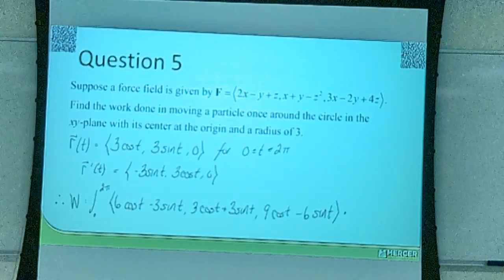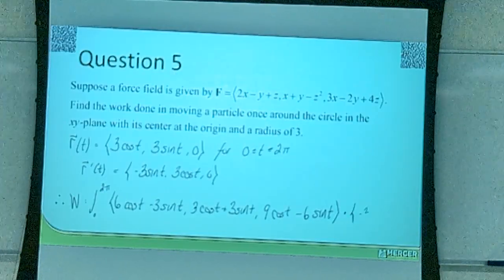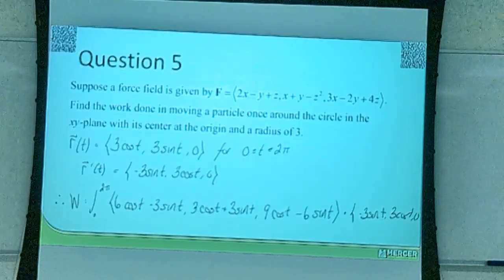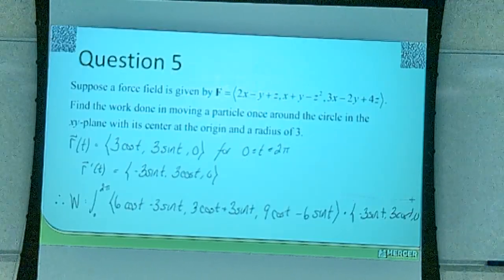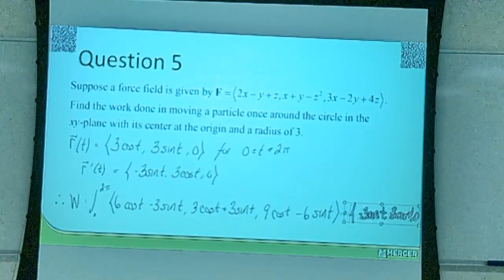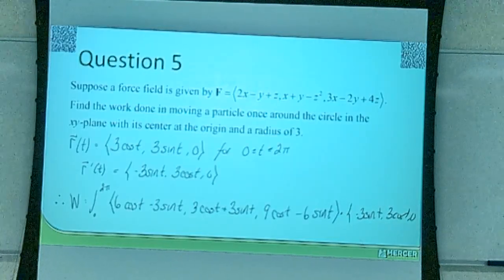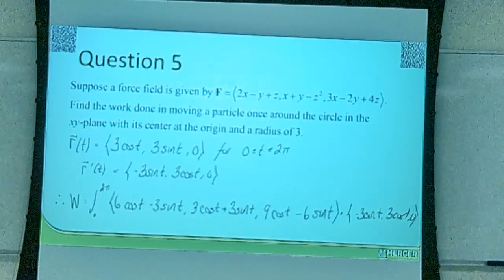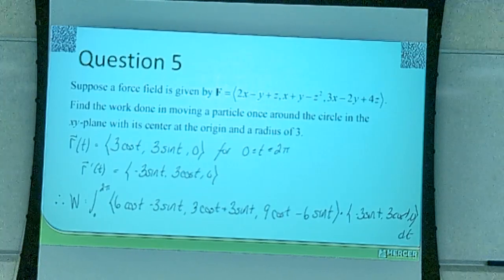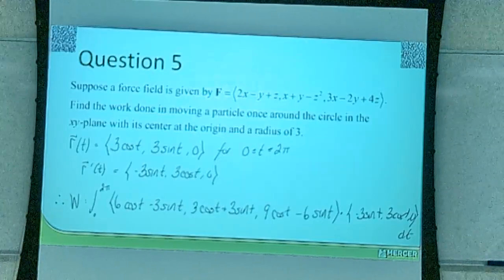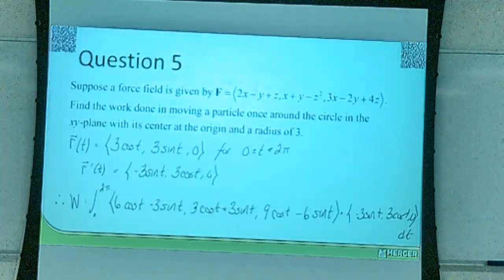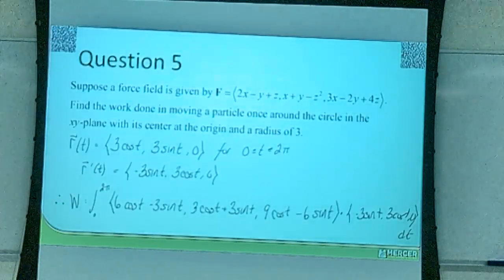Now with r prime, which we said is negative 3 sine, 3 cosine, and 0, dt. Do that dot product.